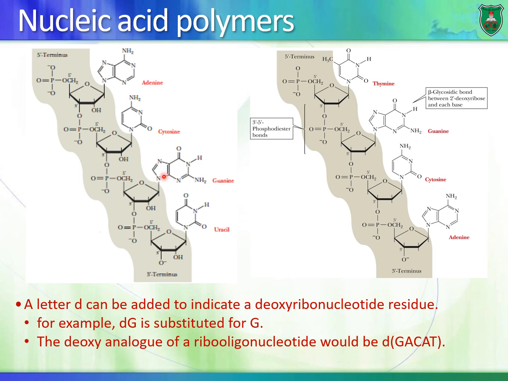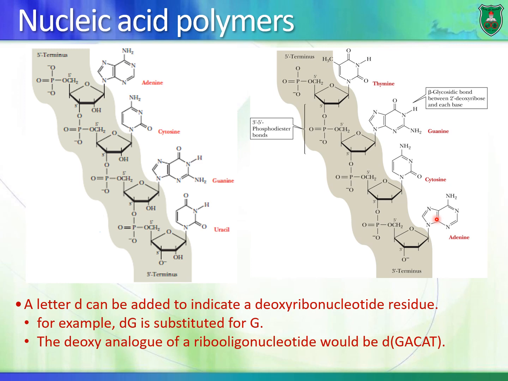Okay, now look at the other polymer right here. Is it DNA or RNA? It's DNA because there is no hydroxyl group at carbon number 2, right? So this is DNA. And also you have a phosphodiester bond between the different nucleotides. The identity of these bases are thymine, guanine, cytosine, and adenine.